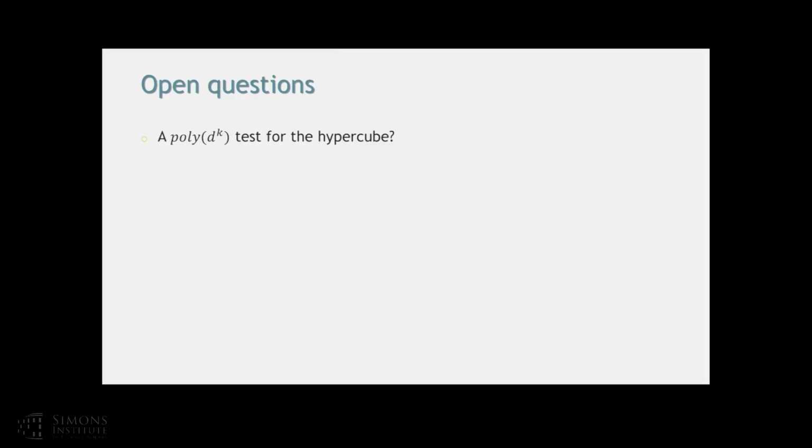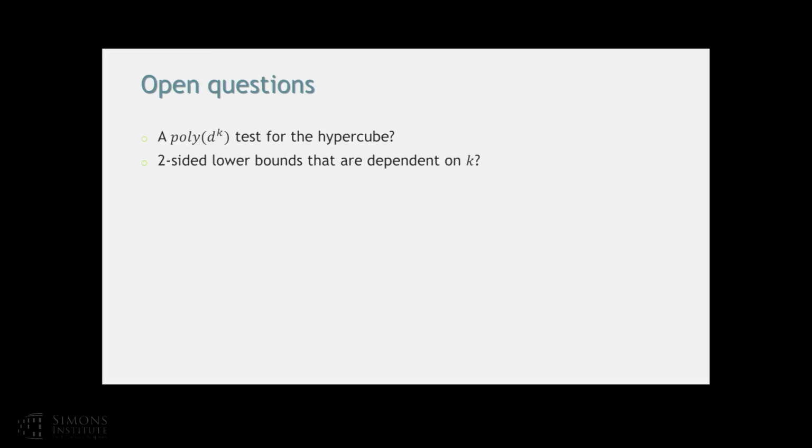So what kind of questions does this leave open then? Again, our lower bound looks something like d to the k. So we'd like to know, is there really a poly(d^k) test for the hypercube? This maybe seems like the right answer, but it could also be exponential in root d like we saw. We'd like to get two-sided lower bounds that have k's in them for other things. We can sort of steal monotonicity lower bounds and give k-monotonicity lower bounds, which seems like it should be obvious, and it is morally true, but it's not completely obvious that we can.